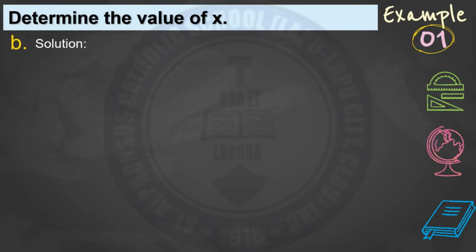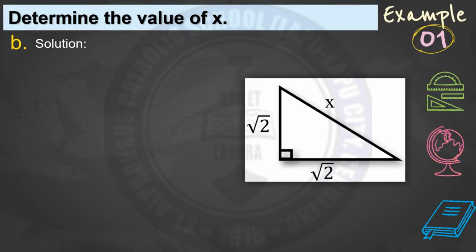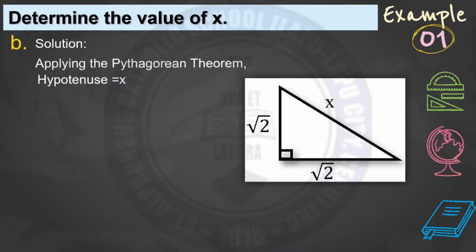Example number 1, letter B. In this figure, we need to determine the value of x. Still, x is the hypotenuse. So applying the Pythagorean theorem, the hypotenuse is x. The first leg is square root of 2 units and the other leg is square root of 2 units.